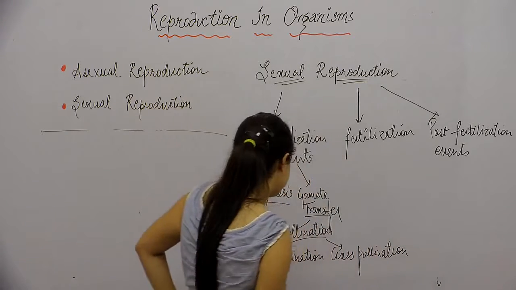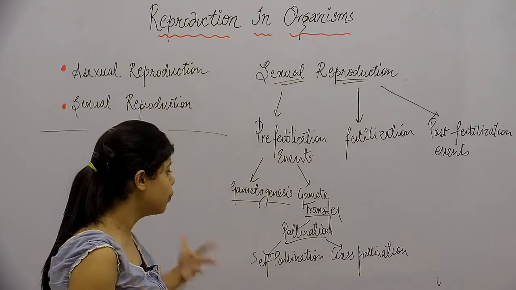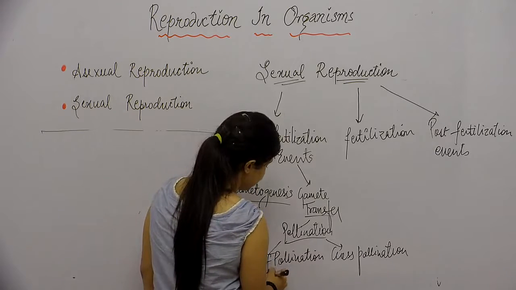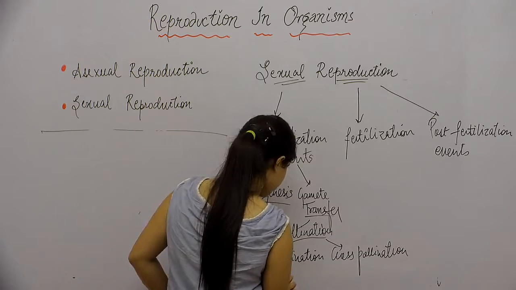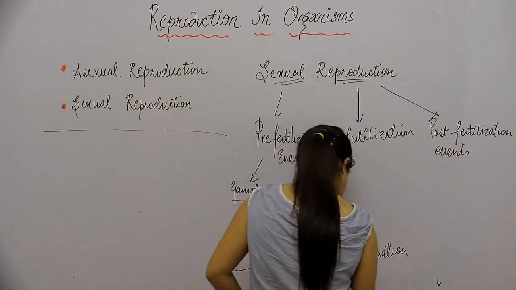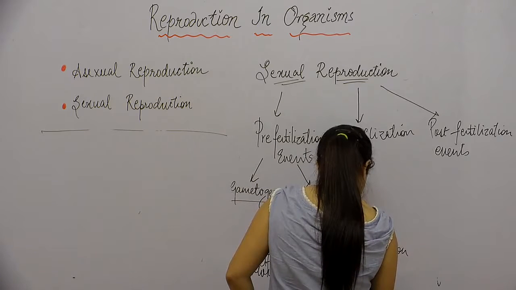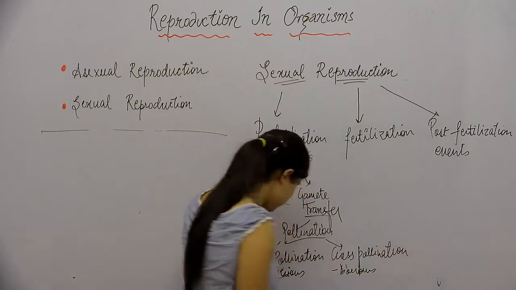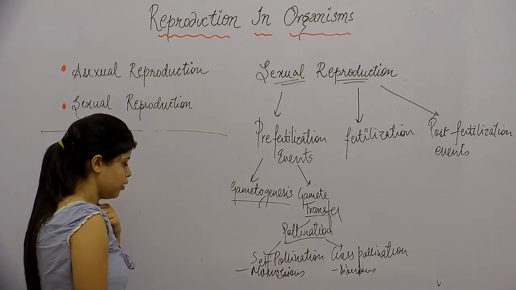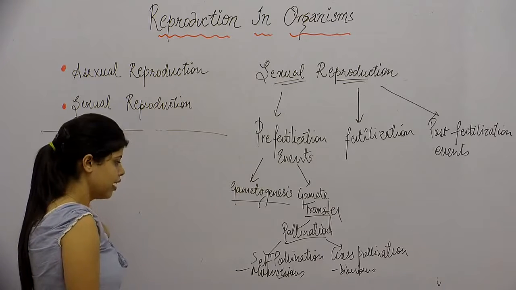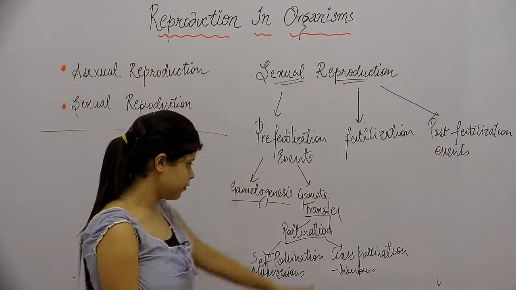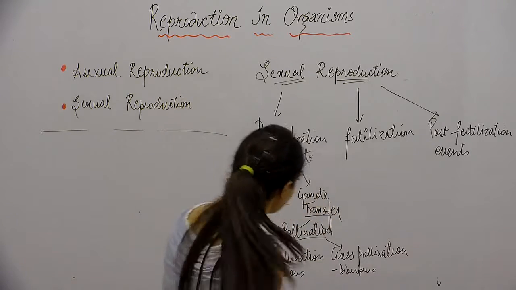Self-pollination usually takes place in plants which are monoecious, whereas cross-pollination takes place in plants which are dioecious. I hope you all know what is pollination. It is the transfer of pollen from the anther of the flower to the stigma of the same flower in self-pollination and to a different flower in cross-pollination. Okay. So this was all in the gamete transfer.